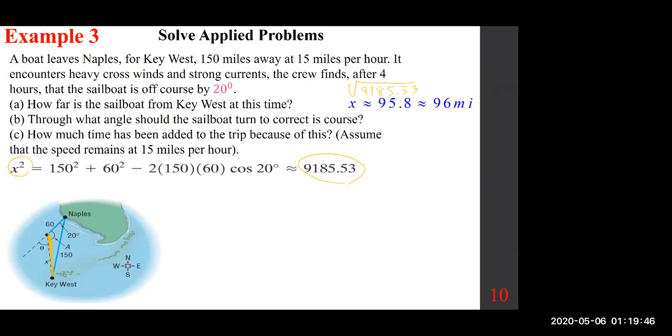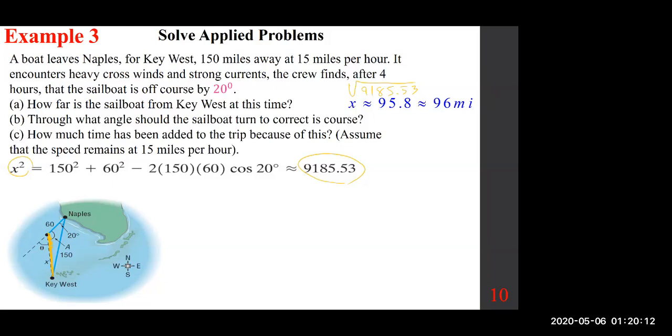So that distance in yellow, or sort of yellow color, is found to be about 96 miles, 95.8. All of this is an approximation. If you have been told how many decimals to use, use it; if not, I would recommend a couple of decimals just to be on the safe side, okay? So that takes care of that.